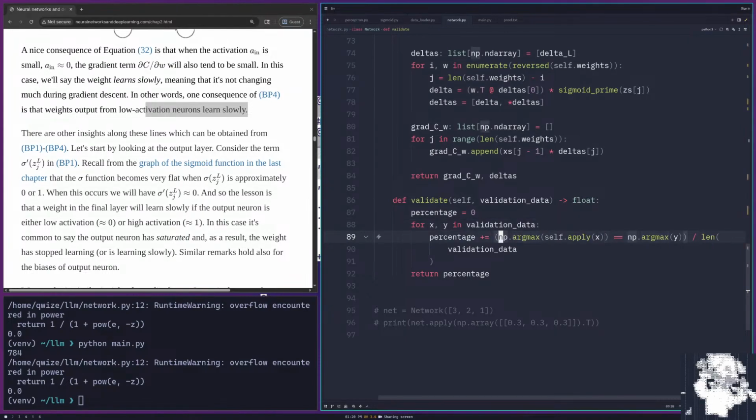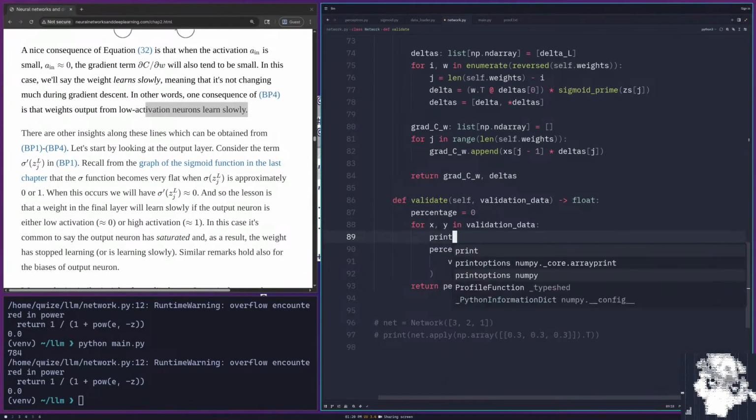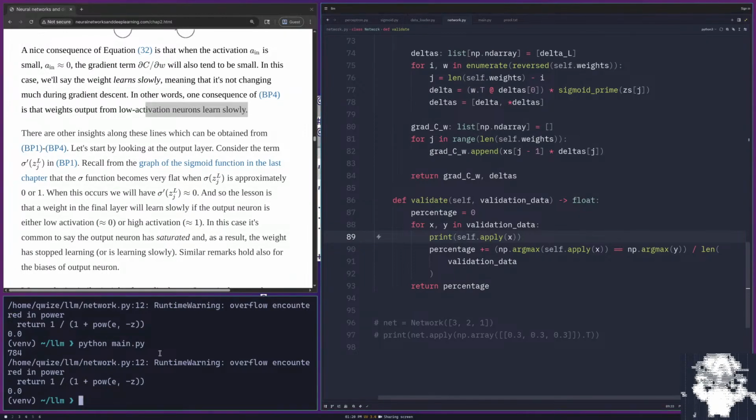So I guess the first thing I'm curious about is, what am I curious about? This is the activation.